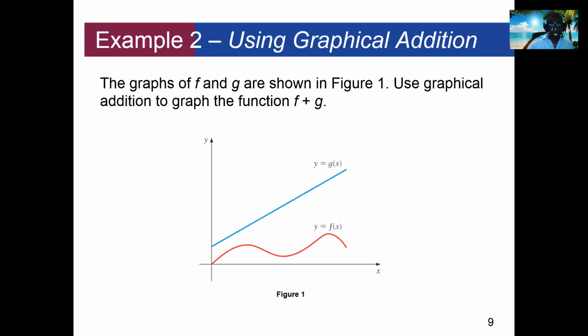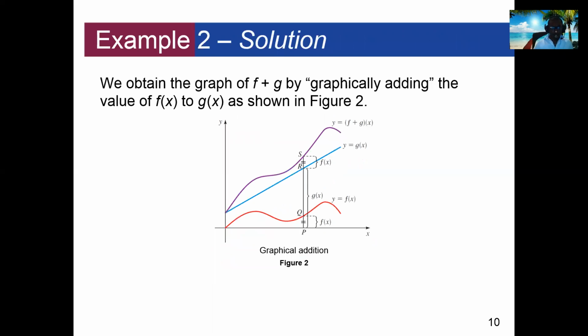So graphically, let's say for f plus g, our f is this function, the red, and the g is that. So on the graph, how do we add the graphs to find the new function f plus g? We obtain the graph of this by graphically adding the value of f of x to g of x, as I said.